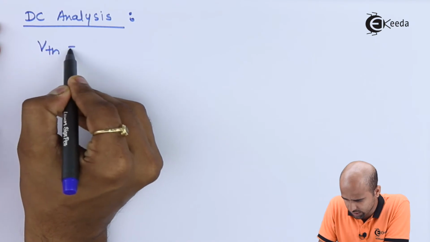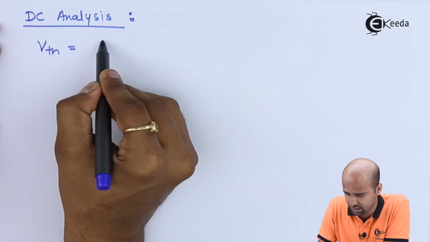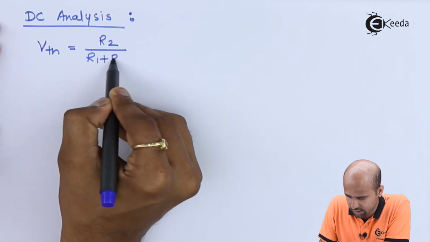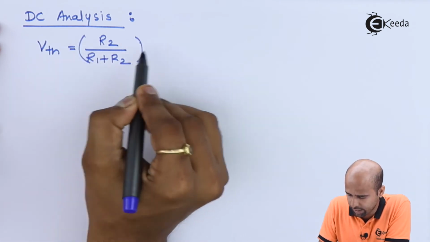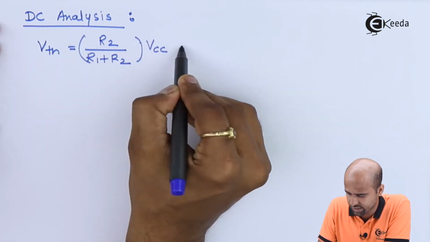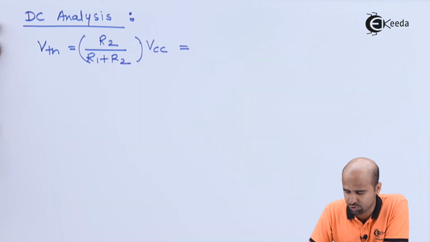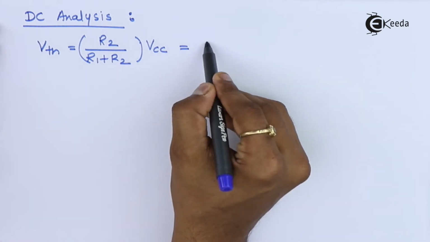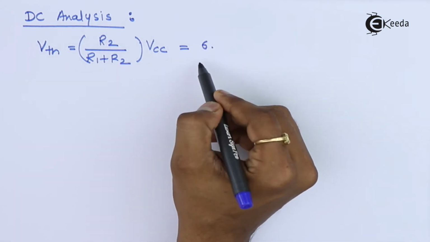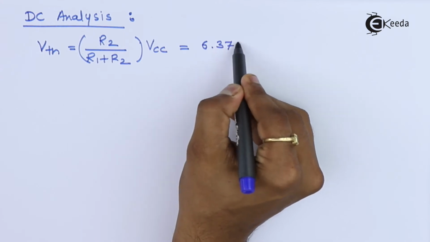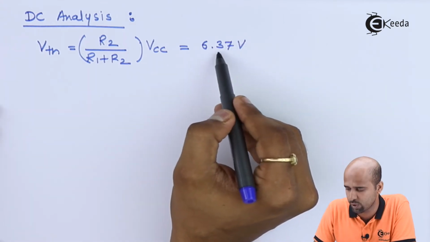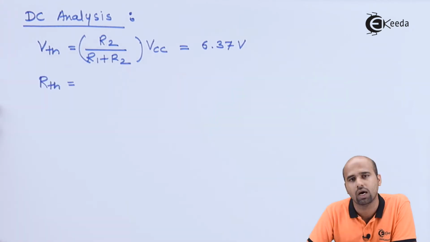We directly calculate VTH, which is R2 upon R1 plus R2 multiplied by VCC. The value of VCC is 20, R2 is 22 kilo ohm, R1 is 47 kilo ohm, and this value comes out to be 6.37 volts.